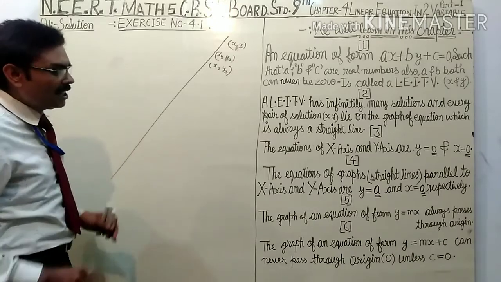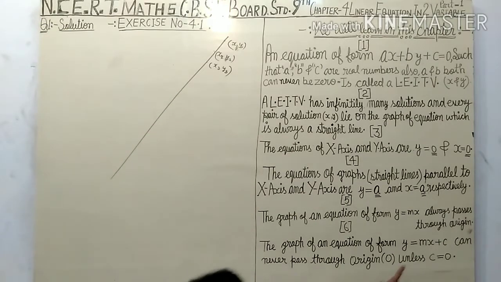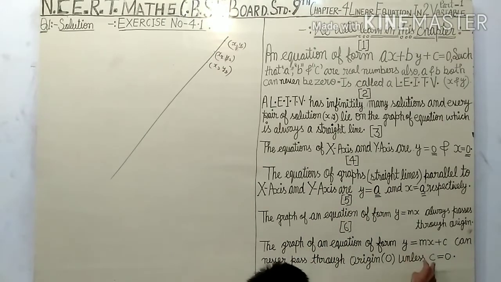This means if m and c are non-zero, if the equation is similar to y equals mx plus c and c is not equal to 0, then the graph of this equation can never pass through the origin.